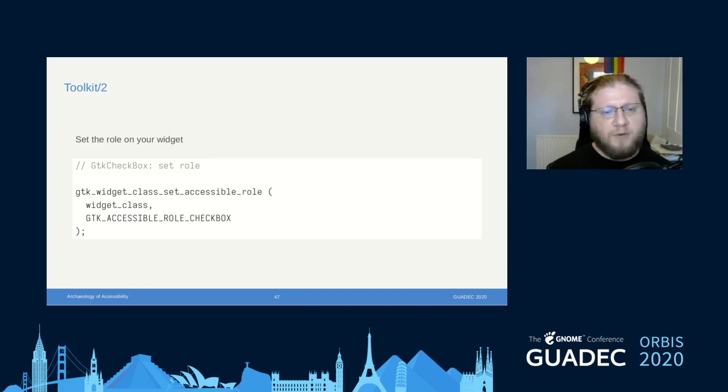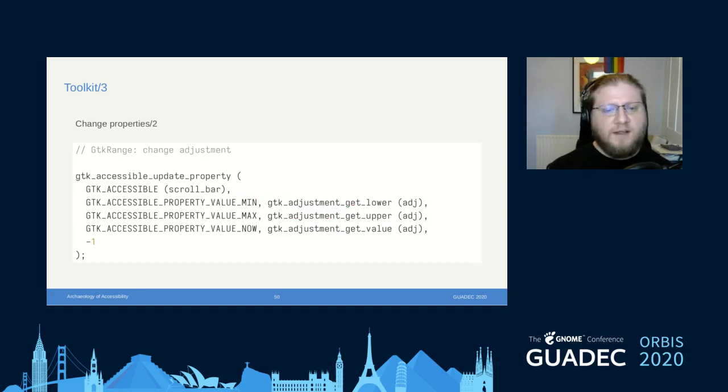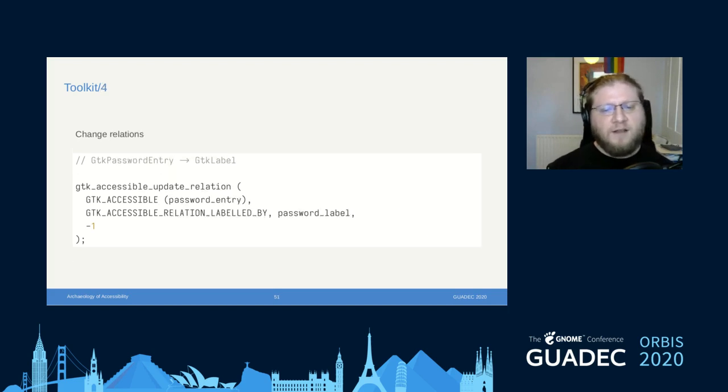So you have simple API that sets the accessible role on the class, updates the state, if it's pressed or not, binds property. If you change an adjustment on a scroll bar, you resynchronize everything, or you relate another widget to a label, for instance.